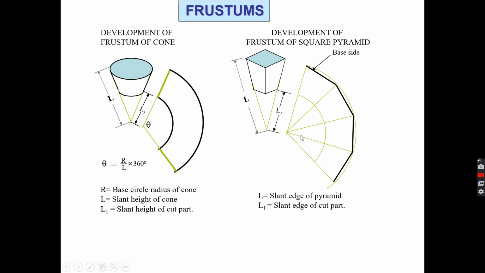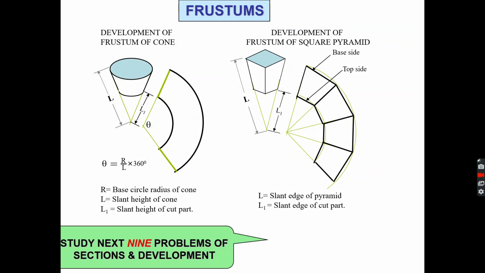So here either you can determine the theta angle or there is no need of measuring the angle theta. So this is how you can complete the development of the frustum of the square pyramid. Now we will see the first example.